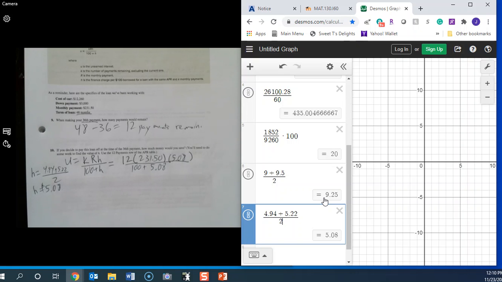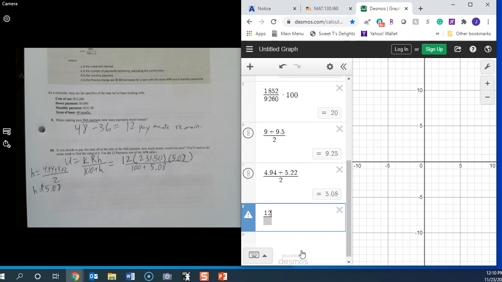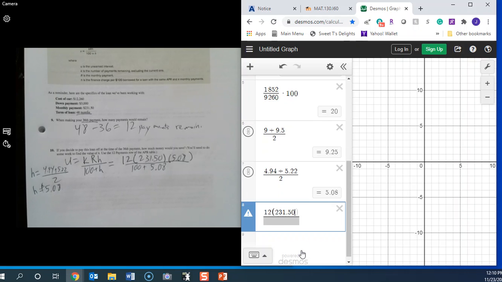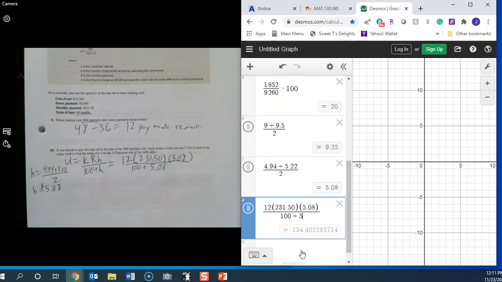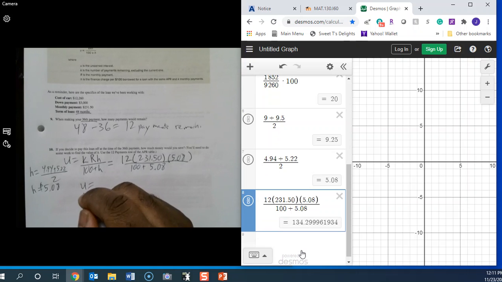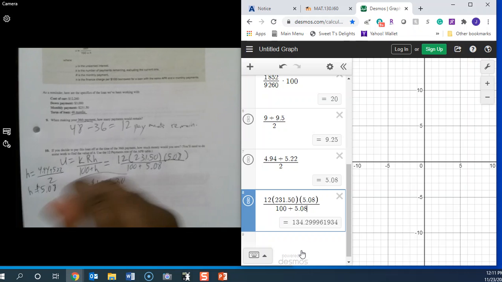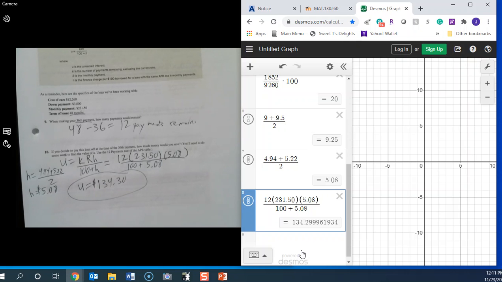Now, we can put all this in our calculator. So we have 12 times 231.50 times 5.08. Now that would take care of our numerator. Our denominator will be 100 plus 5.08. And that would give us the unearned interest, which will be $134.30. That would be our unearned interest.